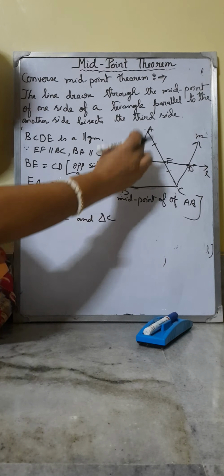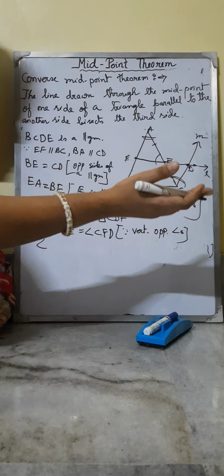We can write angle AFE equals angle CFD, because vertically opposite angles are equal. Next, these two are also equal. Why?